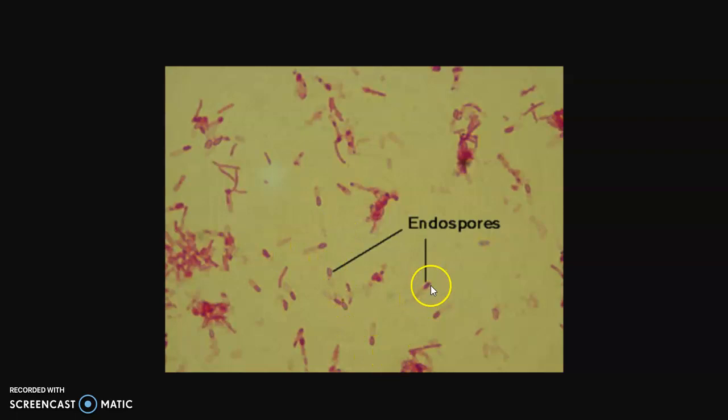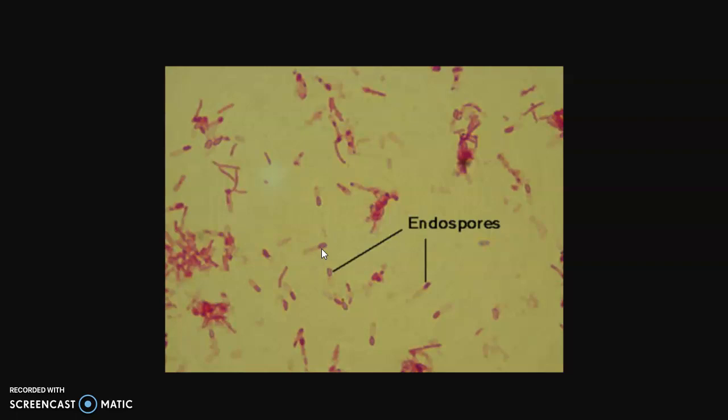And you'll notice on some of them, the cell itself appears fairly light color, and then you've got this darker structure at the end. Makes it look maybe like a lollipop. I always think of those safety pops that we used to get for Halloween when you were a kid, or even a tennis racket. And what you're looking at here is the terminal endospore.